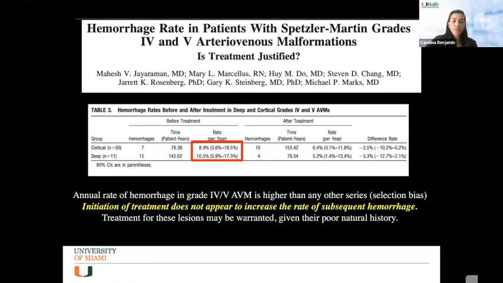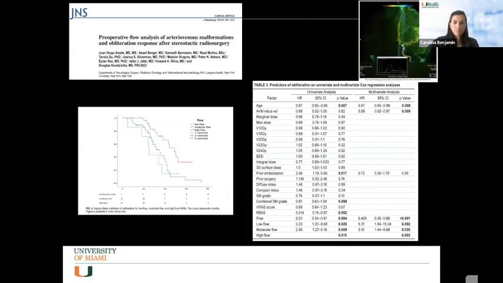What they found is actually the initiation of treatment did not appear to increase the rate of subsequent hemorrhage. And because the hemorrhage rate before treatment is reaching high levels, the treatment for these lesions may in fact be warranted to circumvent the natural history over time.